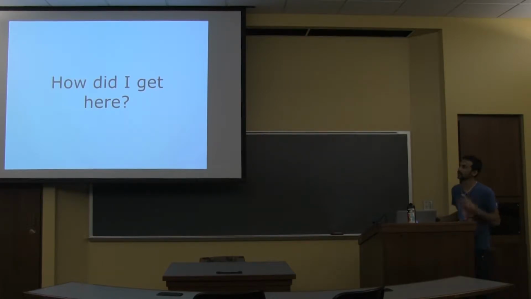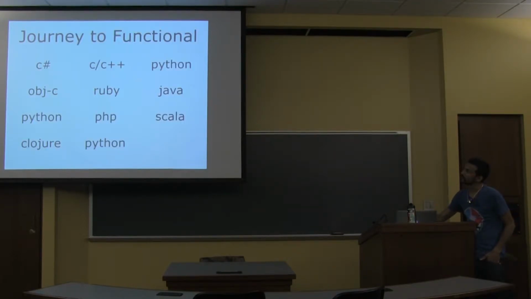So how do we get here? A quick talk about the various programming languages I've worked with. I started with C#, did a lot of C++, and then first got into Python. At this point, I already felt like object-oriented programming had bitten me pretty badly.